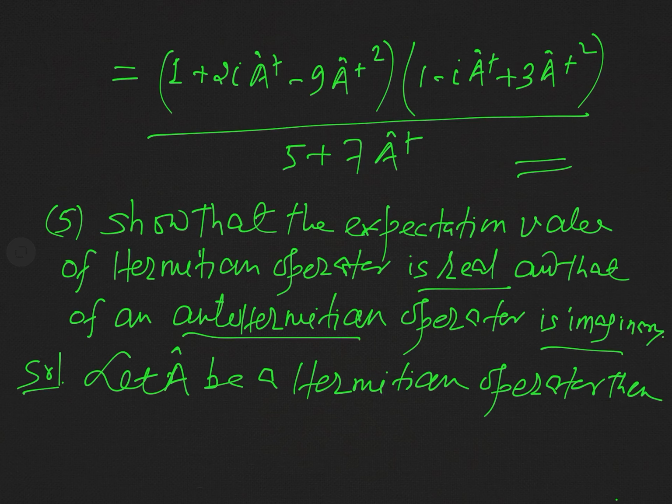Then, if A is a Hermitian operator, we know that this operator is the same as its Hermitian adjoint. So A hat will be equal to A hat dagger.